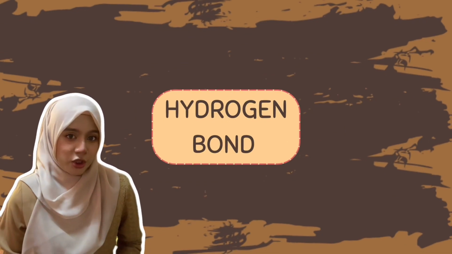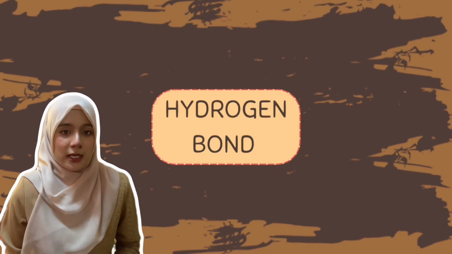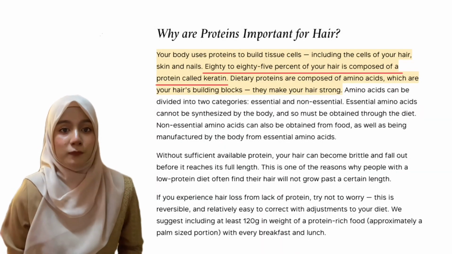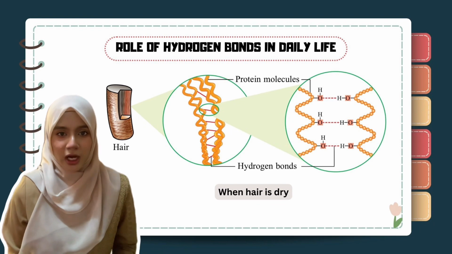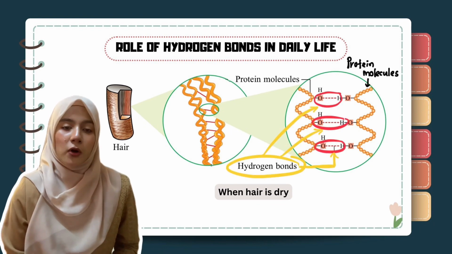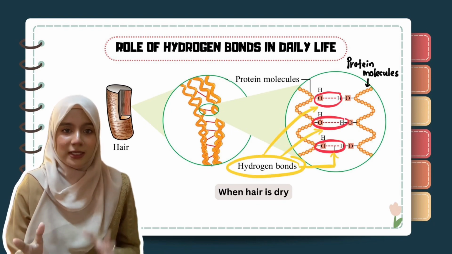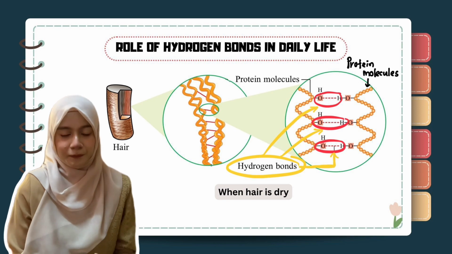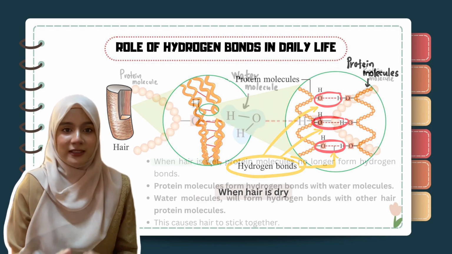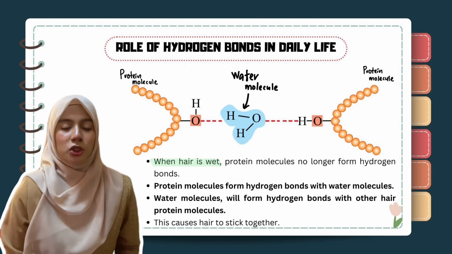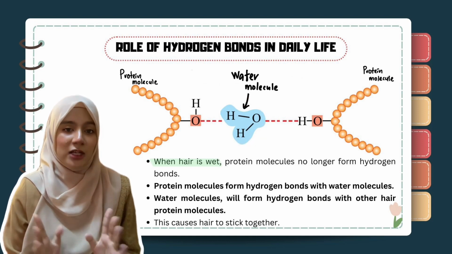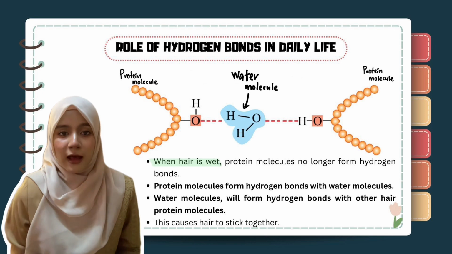For your information, our hair is made up of 85% protein, which is keratin. When our hair is dry, the protein molecules form hydrogen bonds among one another in the hair structure. But when our hair is wet, due to the presence of water, the protein molecules no longer form the hydrogen bond among themselves.